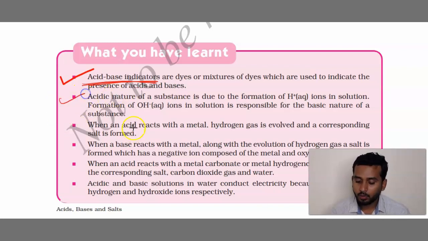Next point, acidic nature of a substance is due to the formation of H plus ions, that is hydrogen ions or hydronium ions, in solution. Formation of hydroxide ions, that is OH minus ions, in a solution is responsible for the basic nature of a substance. If H plus ion concentration is more, then we call that solution acidic in nature.